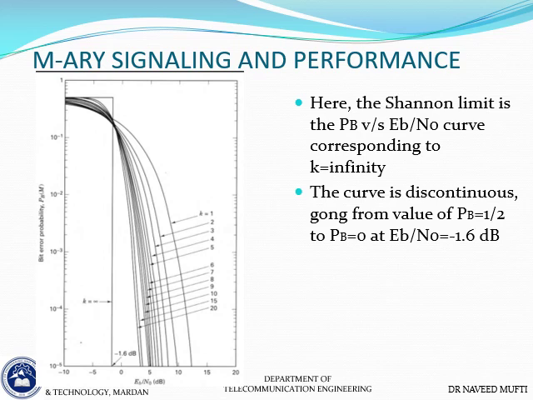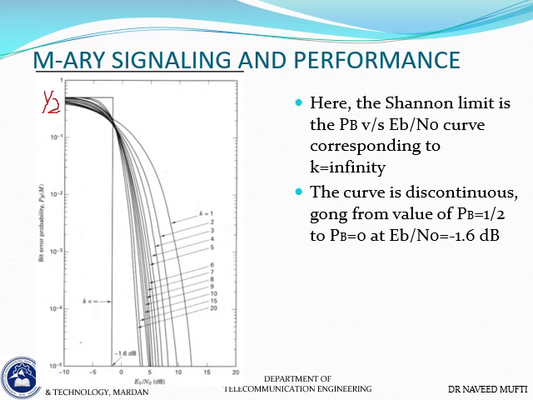And this curve itself is discontinuous, as you can see, because it goes from the value of PB equal to 1/2 here. So the value here is 1/2.